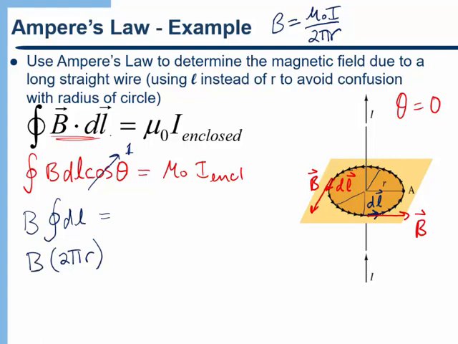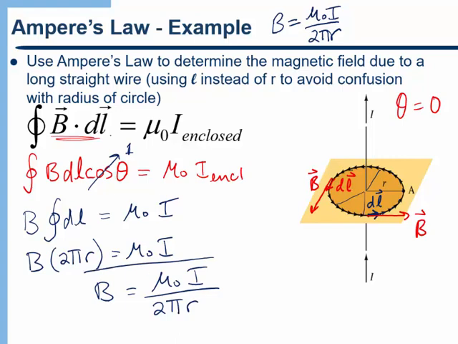Now on the right, the current enclosed, there's only one wire inside my path that's carrying a current I. So I enclosed just becomes I. And now I just solve for B, and I get mu naught I over 2 pi r. And that is what I had told you previously.